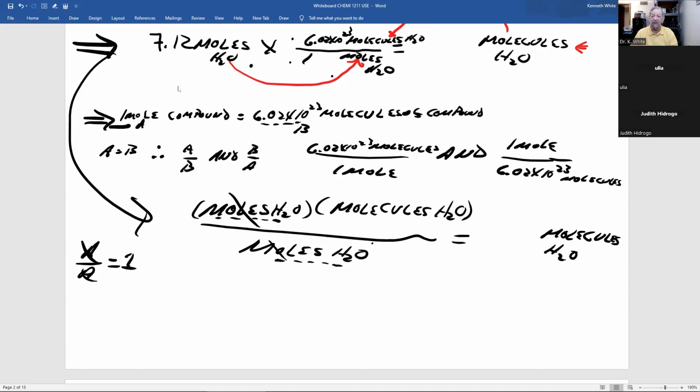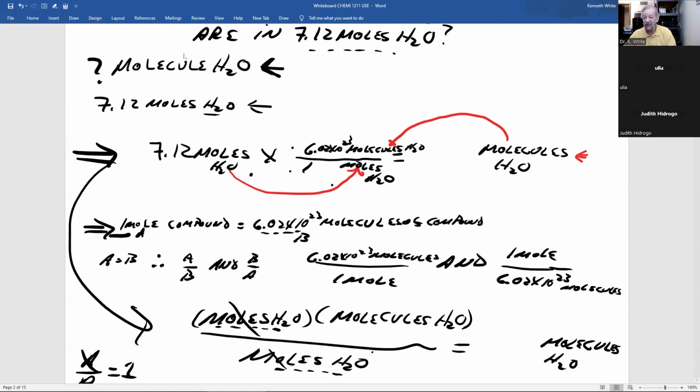And if we look up above, that's the unit we want our answer to be in. So moles of water divided by moles of water cancel out, and I'm left with the right units.